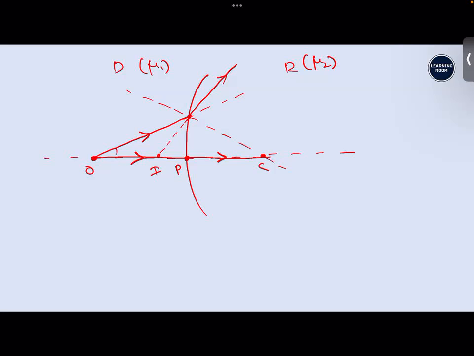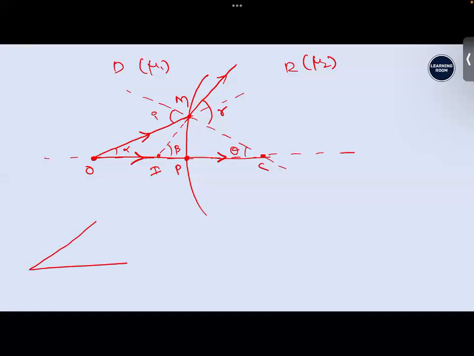Clear? Let these angles be alpha, beta, and theta. This is the angle of incidence, and this whole thing will be the angle of refraction. What are the two triangles you will consider? If I take this point as M, then you will consider the triangle MOC.